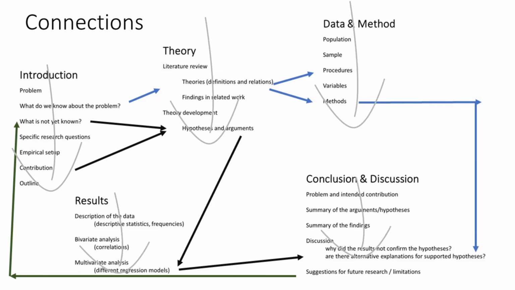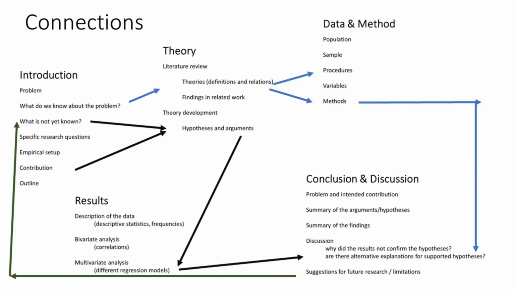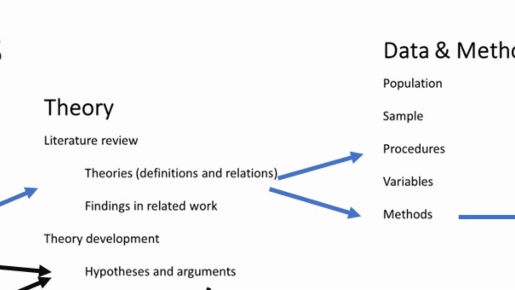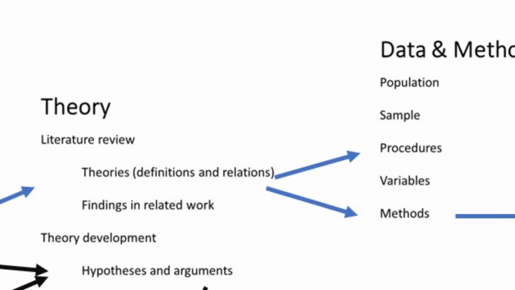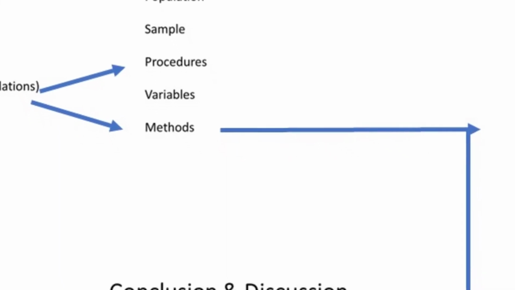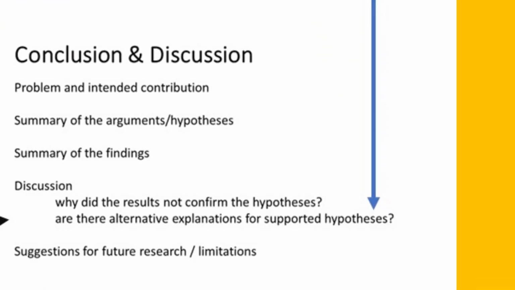But also across sections we see that the part in the introduction, what we already know about the problem, relates to the literature review. And the literature review also produces the definition of variables. It informs how in earlier research variables were operationalized, what samples were identified, what methods were used. And that then is part of, in the discussion, the comparison of your findings against the body of literature.